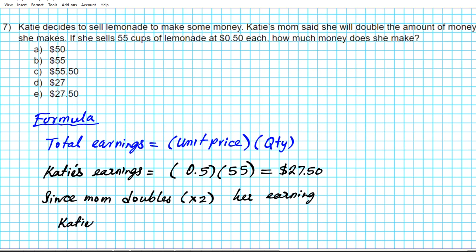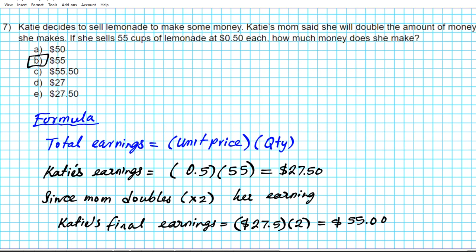Katie's final earning will be double what she made, which is 27.5 multiplied by 2, and that gives us a total of $55. And the answer is option letter B.